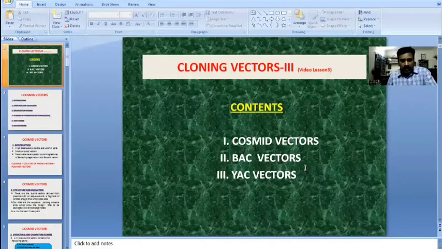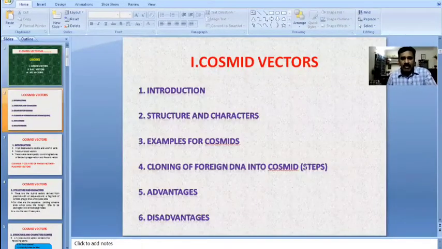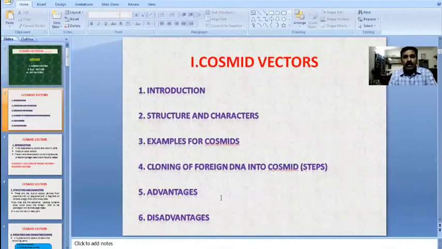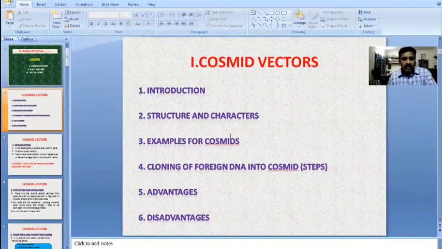The first one is about the cosmid vectors, the second one is the BAC vectors, and the third one is the YAC cloning vectors. First, cosmid vectors. These are the headings of these cosmid vectors. First one is introduction about the cosmid vectors.